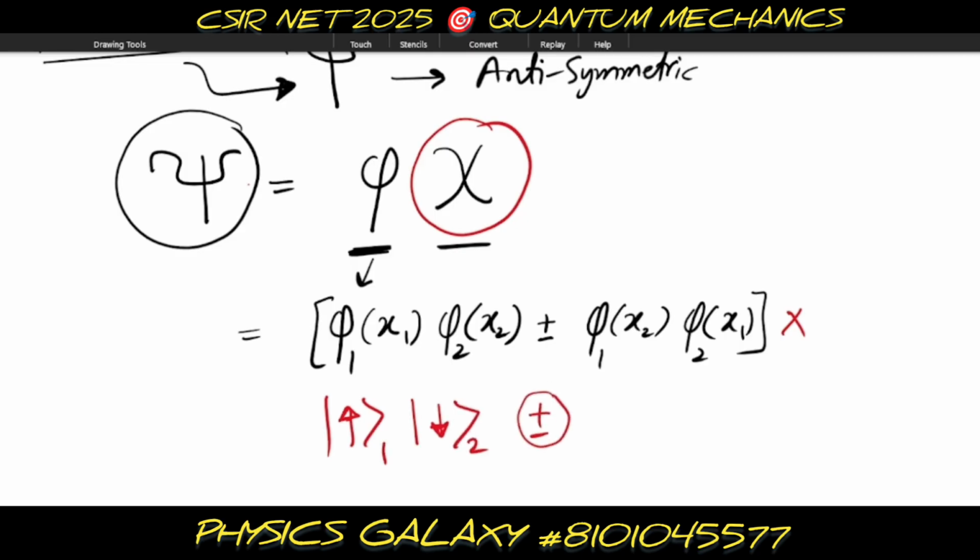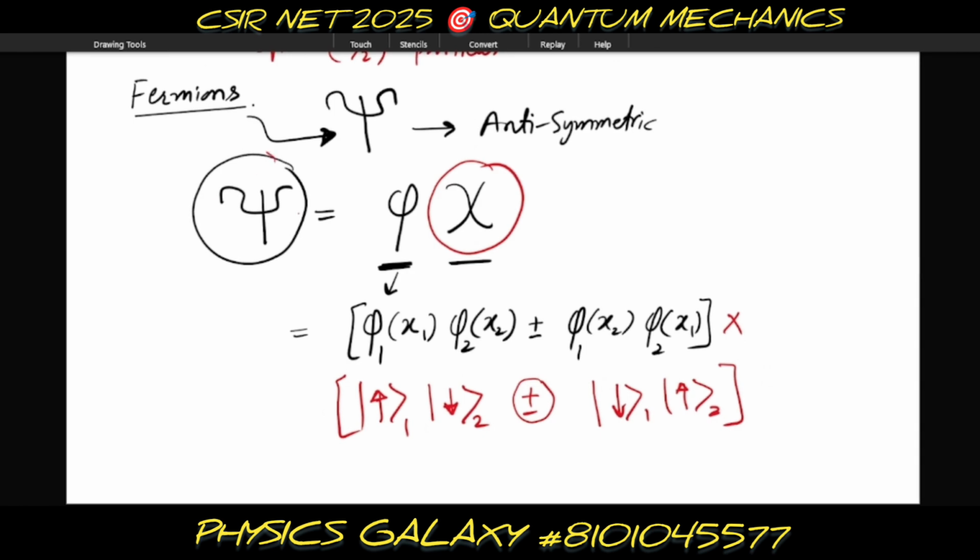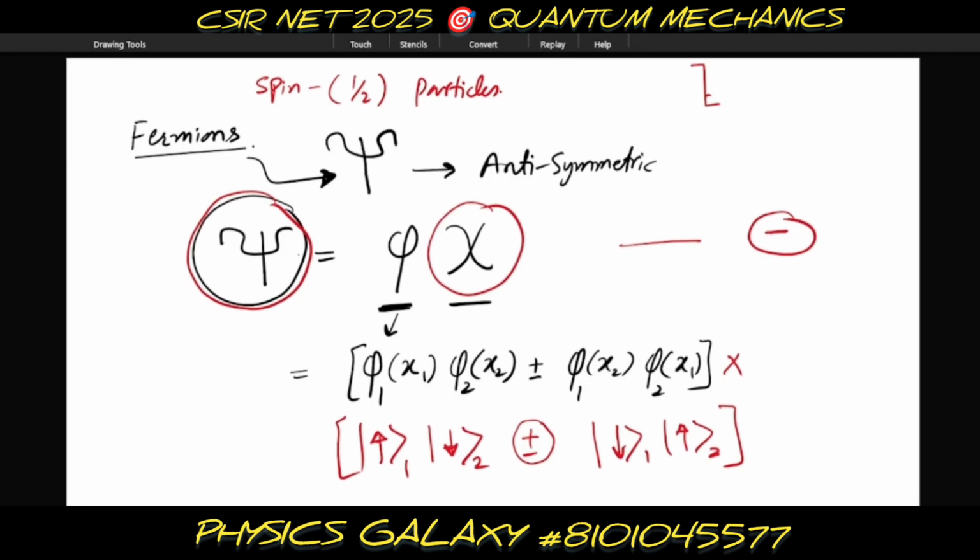Particle 1 in down state and particle 2 in up state. So these are the possible combinations, right? Now the total wave function has to be antisymmetric, so that means it has to be minus. Plus is for bosons, and minus is for fermions, right? Fermions.